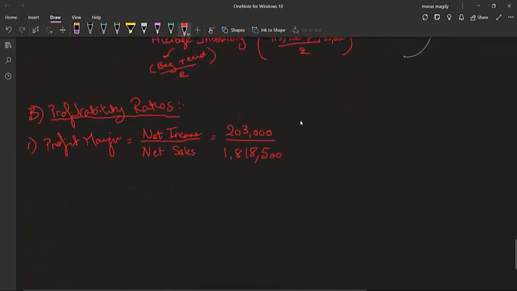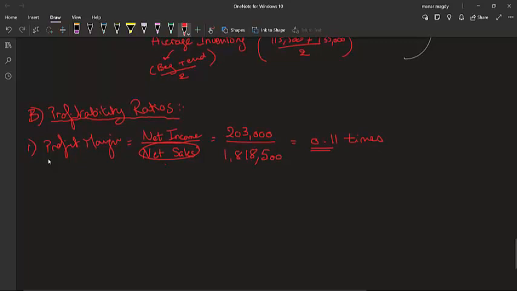Okay, so our result equals 0.11, which means that for each $1 of net sales equals 0.11 of the net income. This result is the profit margin, يعني هو هامش الربح.